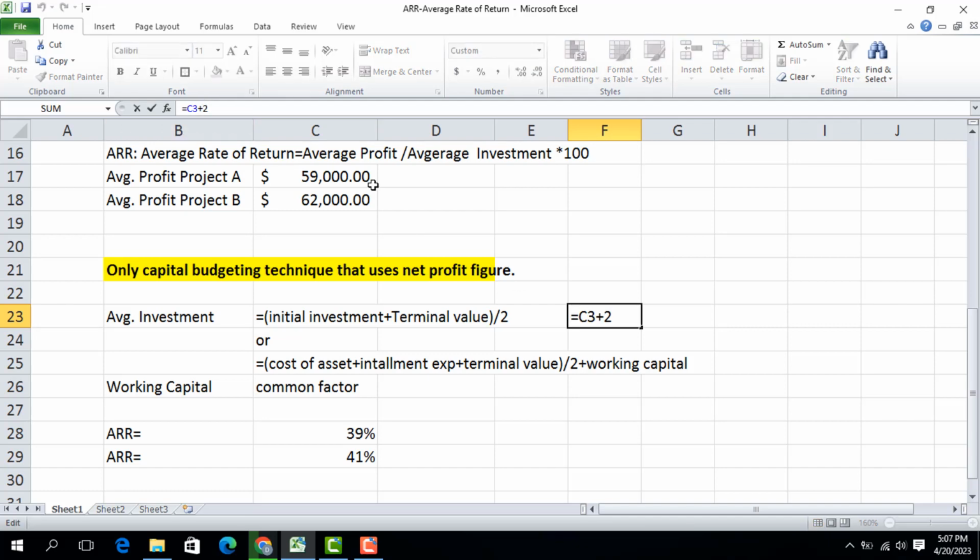I am going to divide by 2. Okay, dividing by 2 because the terminal value is equal to 0. There is no information about working capital in the question. So I am going to divide 150,000 by 2 to get 75,000, and again the same for project B. Let me check this.